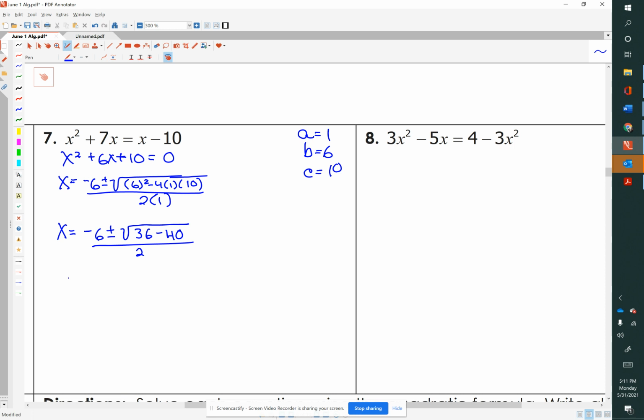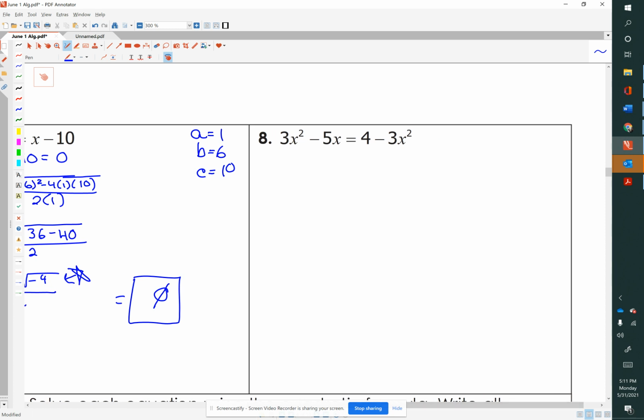And as we continue to evaluate this, -6 plus or minus the square root of -4 divided by 2. Well, we cannot have a negative square root. So we stop right here, and we know that there is no solution to this problem. Okay, empty set.